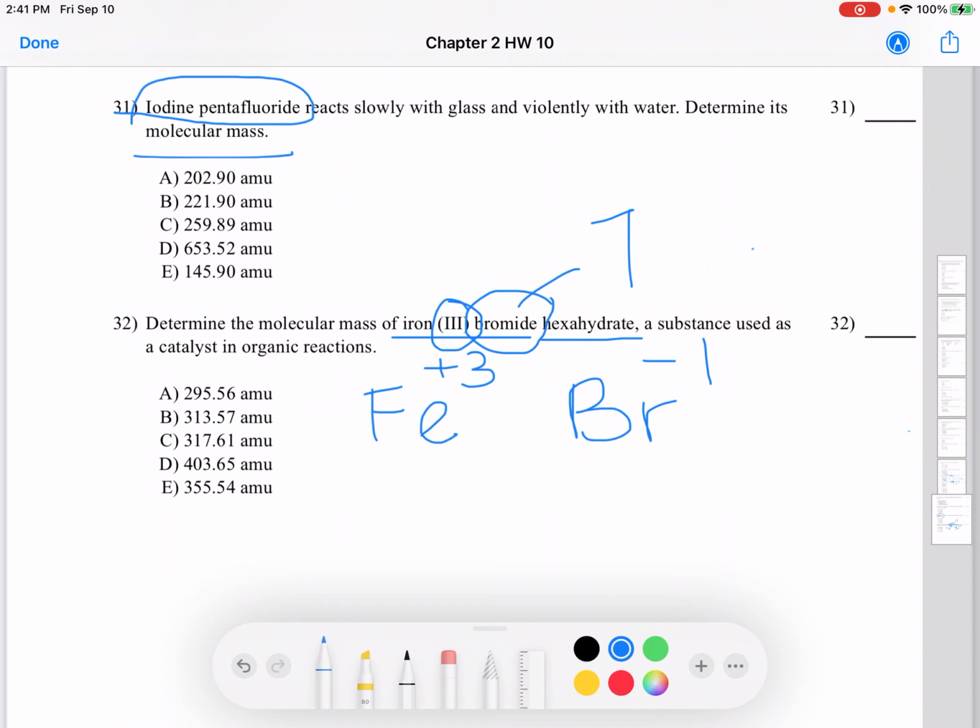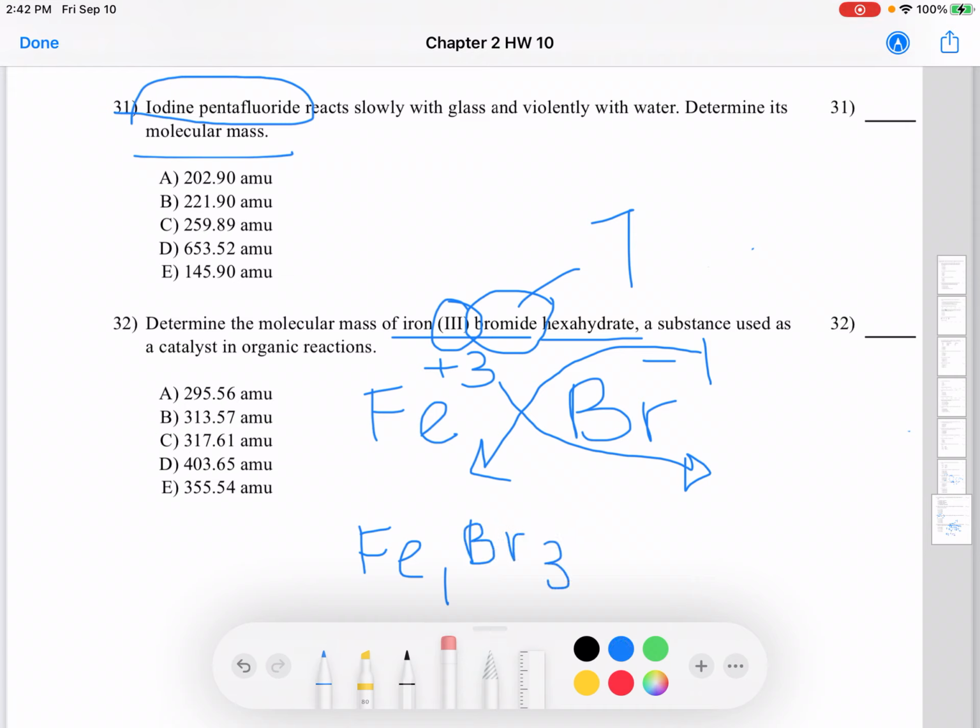Once you figure out your charges, then you crisscross the numerical value of the charges. 3 goes next to bromide and the 1 goes next to iron. That will give you Fe1 Br3, and normally you don't write 1. So FeBr3 is the formula for iron bromide.